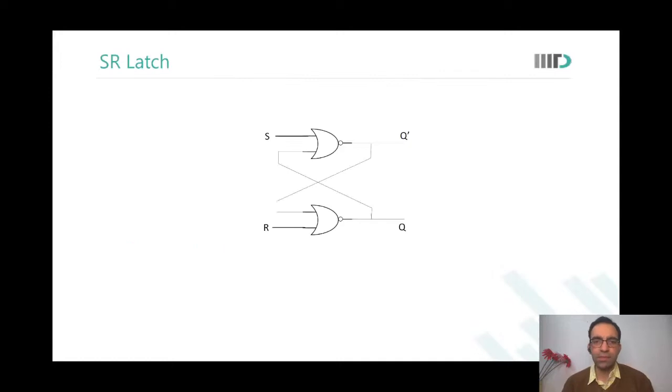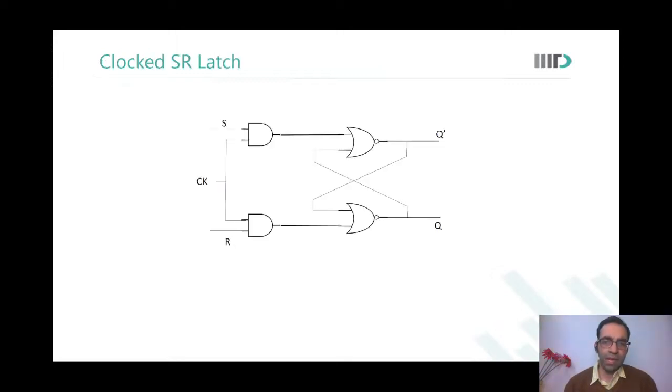This is how an SR latch looks like. Now, if I say that I want to clock it also, then I will put a clock, and some extra transistors come into the picture, which are clocked.